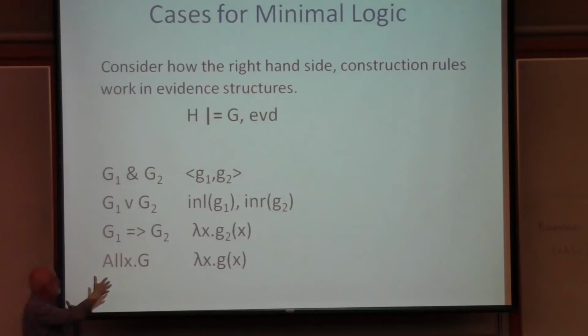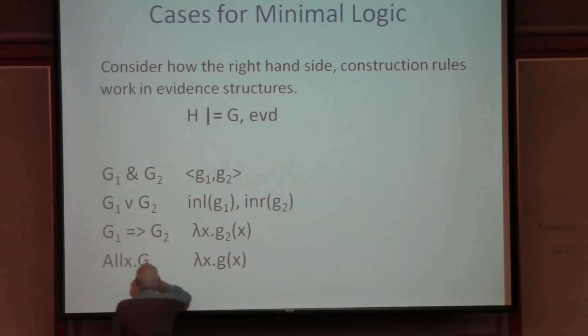For each one of them, you've lowered the complexity of the goal and you've gone to sub-evidence. So again, you recurse. Here, piece of cake. You stick your new hypothesis on the side. You've got a simpler goal, G2. You keep recursing. The same for all.